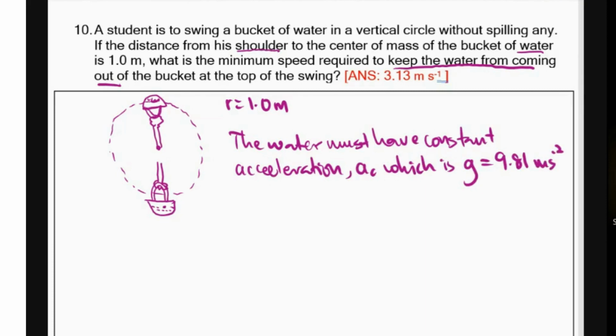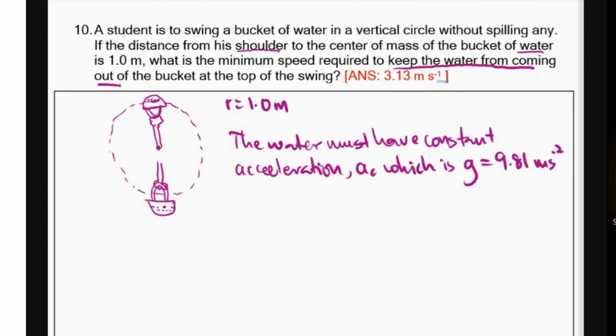Because the problem here is on the Earth, the value of the centripetal acceleration must be equal to the value of the gravitational acceleration of the Earth, which is 9.81 meters per second squared.